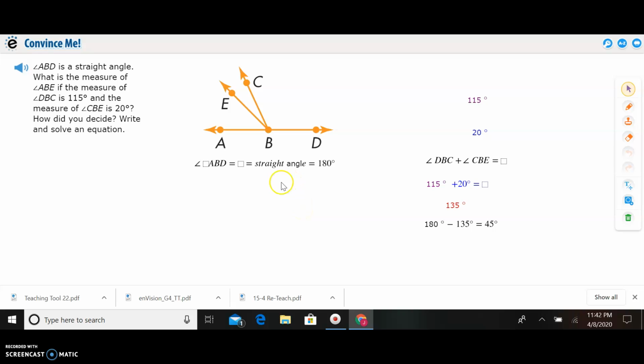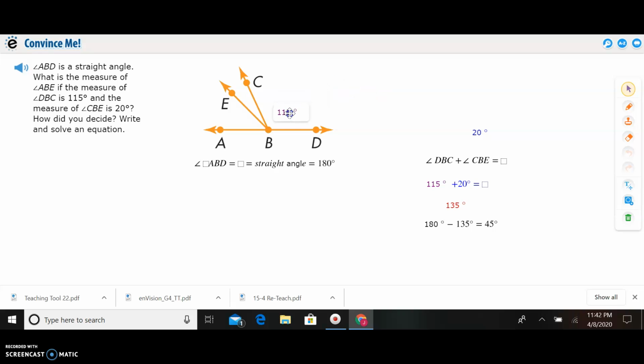And now we're trying to find the measure of angle ABE. So we want to know how big or what is the measure of this angle ABE. We don't know that one. We do know that the angle DBC measures 115 degrees.